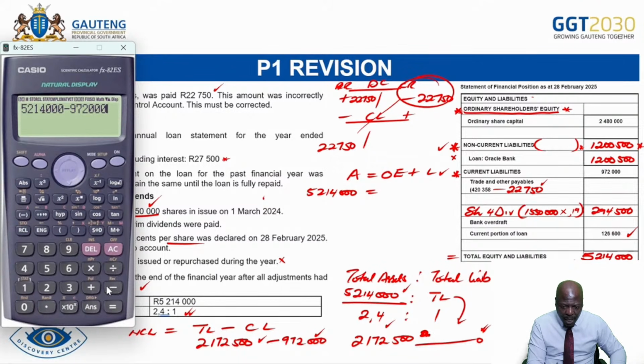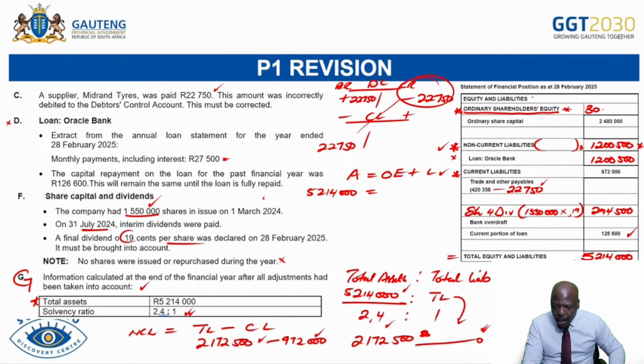And I'm going to subtract 1,200,500. And then I'll end up with 3,041,500. And therefore, that concludes this calculation.